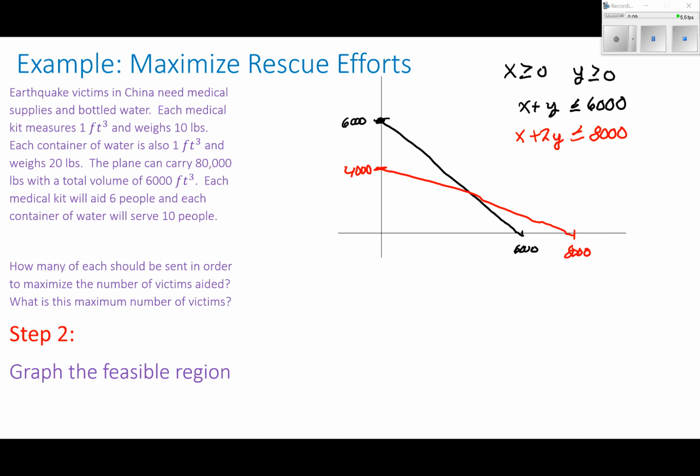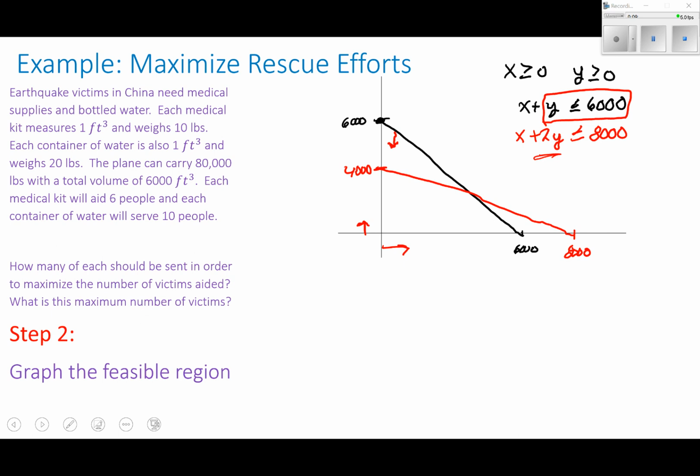If I were to do some shading now, so x has to be greater than 0, so I know I'm going to go this way. Y has to be greater than 0, I'm going to go this way. My first equation here, y is going to be less than 6,000, so thinking vertically, I'm going to shade down. So this one is going to be shaded down. This one here, second one, 2y less than or equal to 8,000.